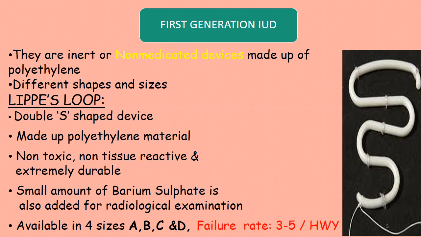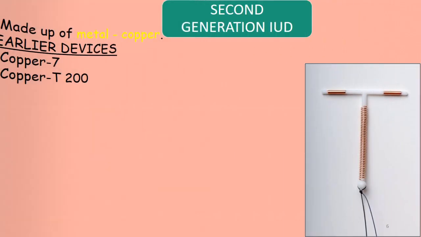A small amount of barium sulfate is also added for radiological examination. Four sizes are available: A, B, C and D. Coming to the failure rate, 3 to 5 per 100 women years. The failure rate is low, only 3 to 5. This is the first generation intrauterine device.